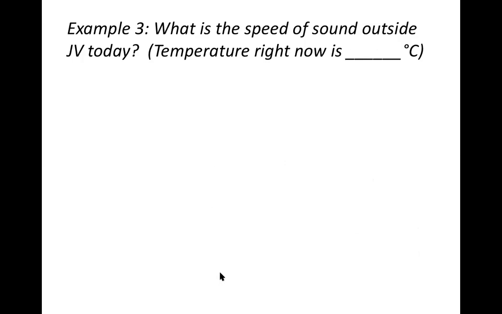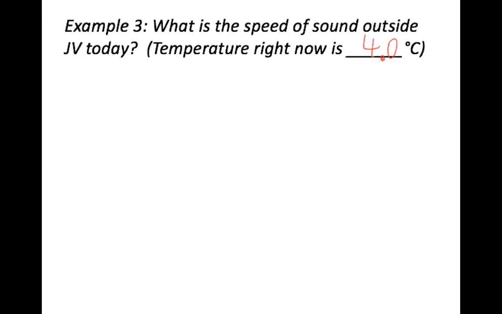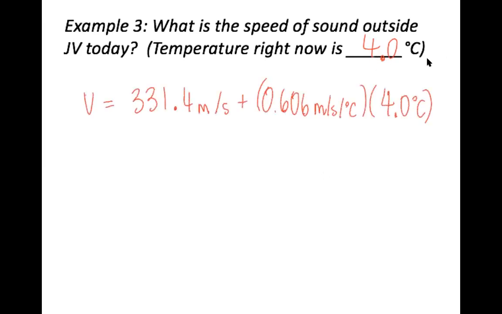So let's try this, although I do have this written up for a much colder day. Remember way back when it was 4 degrees Celsius? We haven't seen that temperature in a little while. We substitute into the wave speed equation. This is the wave speed equation only for sound in air at different temperatures.